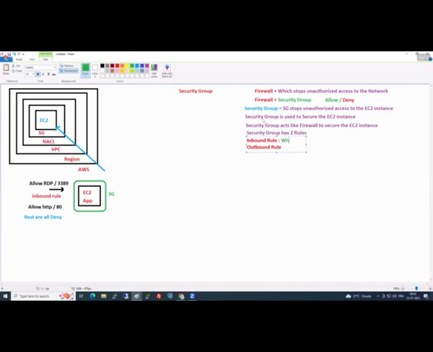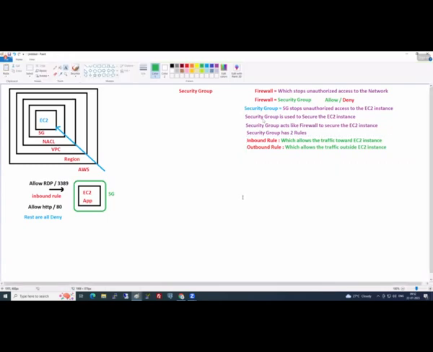Can I say it allows the traffic towards the EC2 instance. And how about this one? Which allows the traffic outside the EC2 instance. Inbound rule and outbound rule.